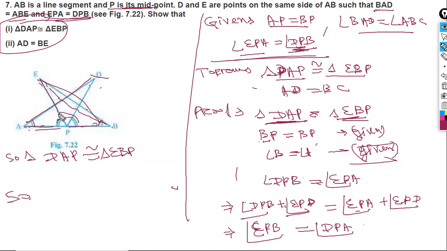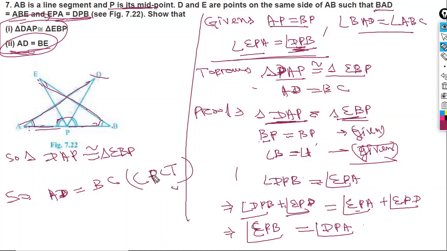What we need is AD equal to BE. So AD and BE are corresponding parts. Therefore, write AD equal to BE. Why? CPCT. Well, this is proved now.